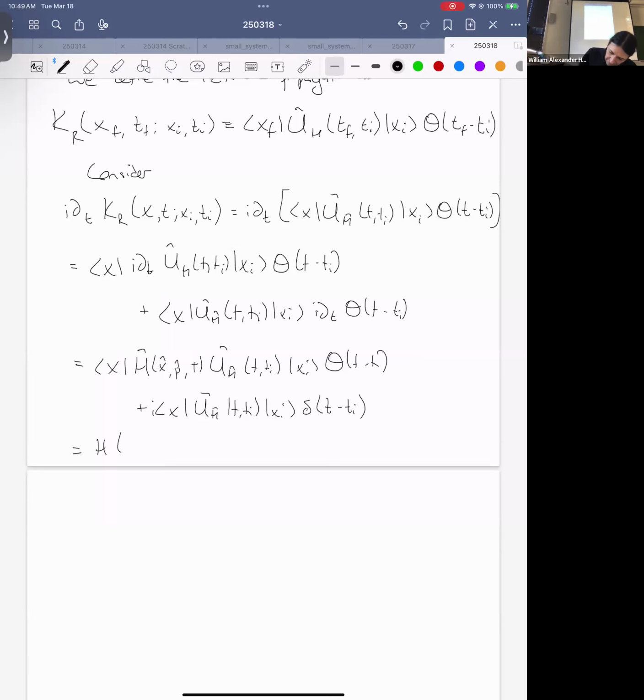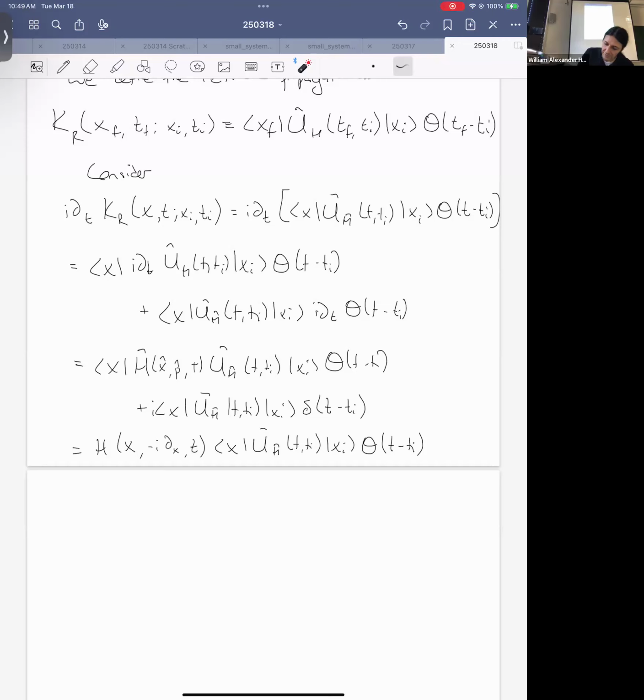And this is the Hamiltonian now where the x hat operator becomes x, the p hat operator becomes minus i partial x, and then I've got t, and then I have the time evolution operator, t initial, x initial, theta of t minus t initial.